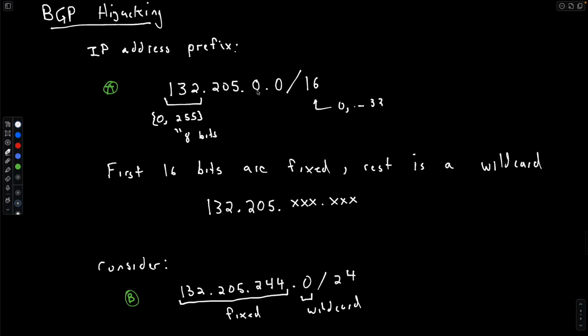Also, just while we're here, usually the smallest number in the range we call a network address. So if we fill the wildcard in with all zeros, usually sysadmins will set that aside. They won't assign it to a machine, and they'll just say we're talking about the network as a whole. And then the highest address in the block, if you fill it all in with, say, 255s, that's considered a broadcast address.